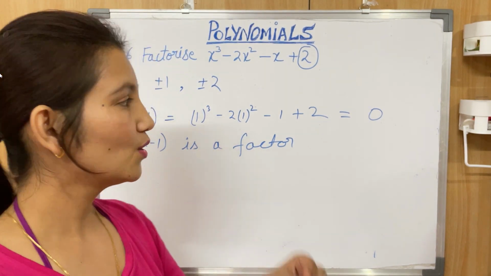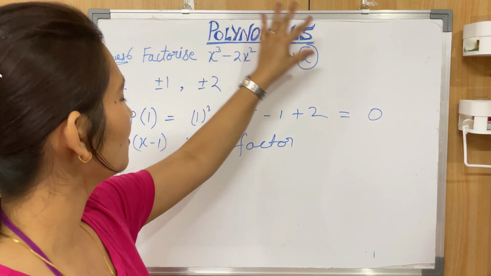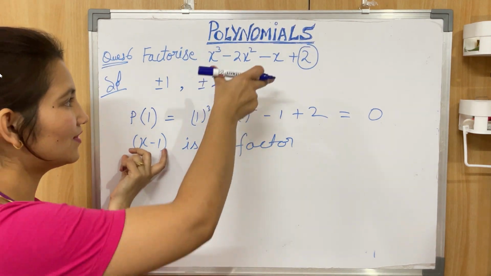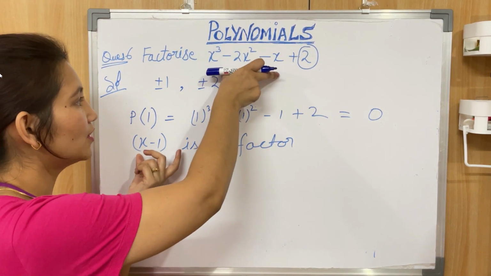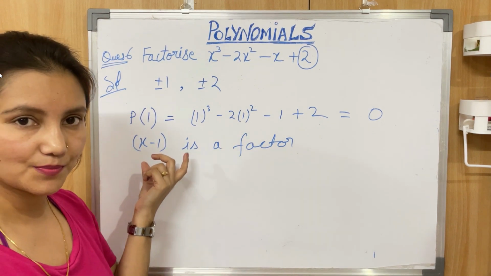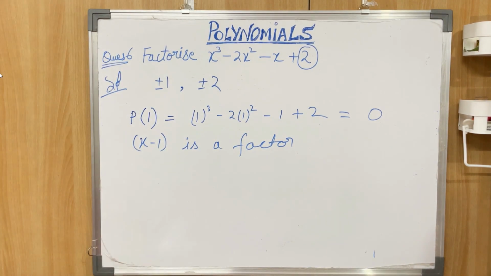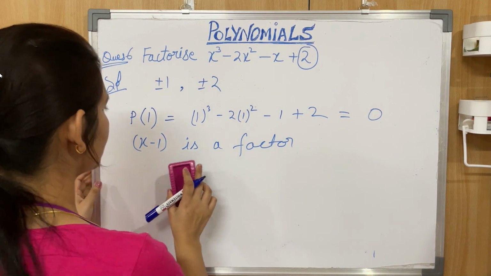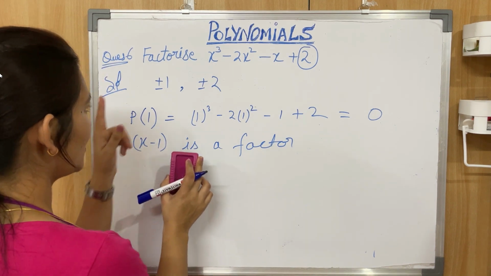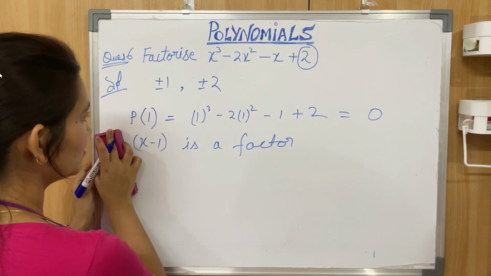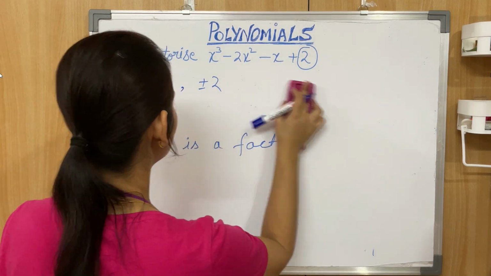How are we going to do it? We'll divide this whole polynomial by our first factor, x minus 1. Let's do it. Now I'm just rubbing this off so that we can divide it.